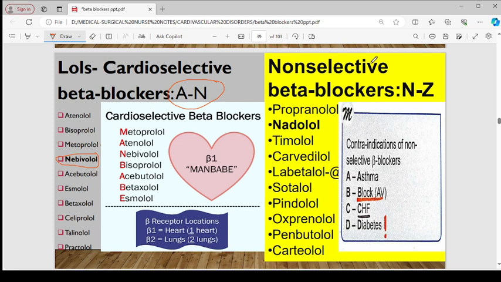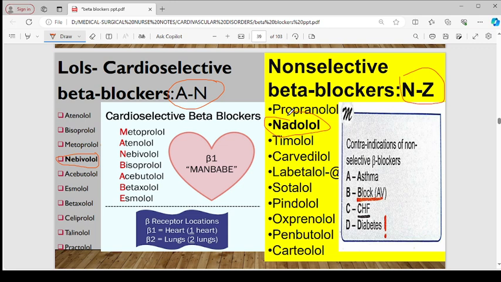On the other hand, for the non-selective beta blockers, we could use the alphabet from still N now to Z, and our N here has an A in this case, nadolol. Okay, it's good for you to differentiate between the two, nadolol and nebivolol. Okay, so the E is for the heart.